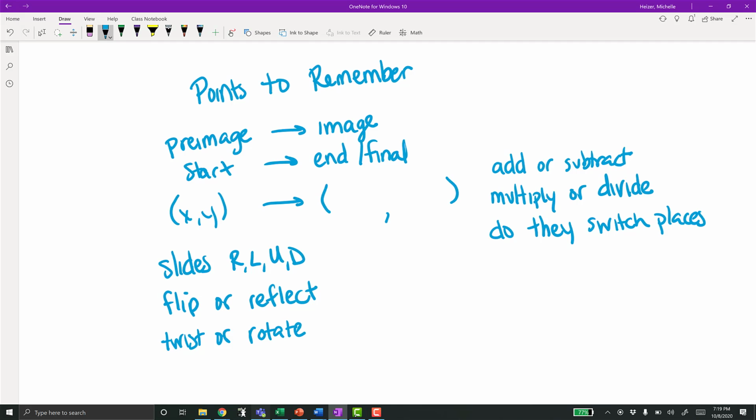So today is just about looking at transformations very generally and really getting a hang of the coordinate notation and making the tables and trying to get some graphs done. And so that's all for today's lesson.